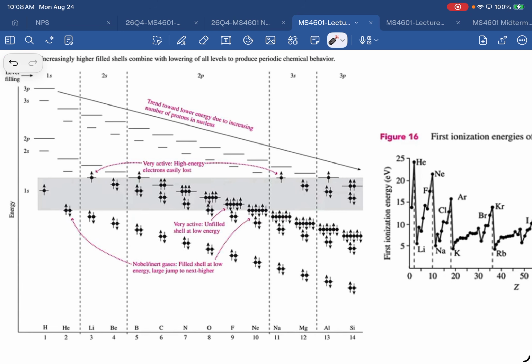Now we are going to start filling the electrons in orbitals. For hydrogen, we have one electron that goes right into 1s, and for helium we have 2 electrons, so 2 electrons will go into 1s because 1s has 2 parking spaces, right? 2 available spaces. And then we are going to start filling in 2s, because here we are applying the Pauli exclusion principle.